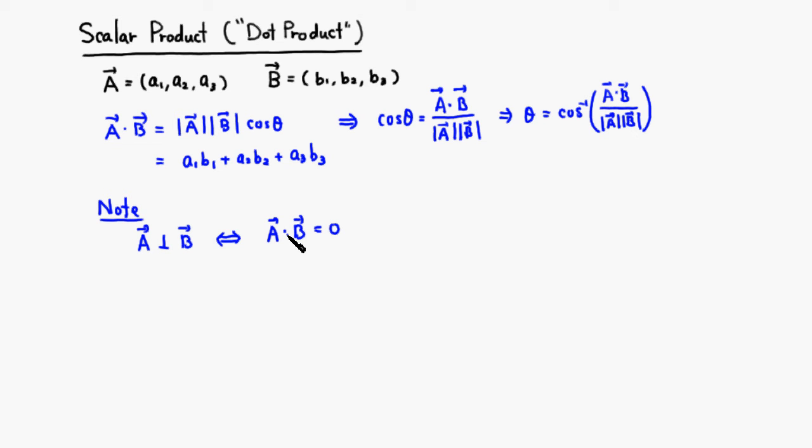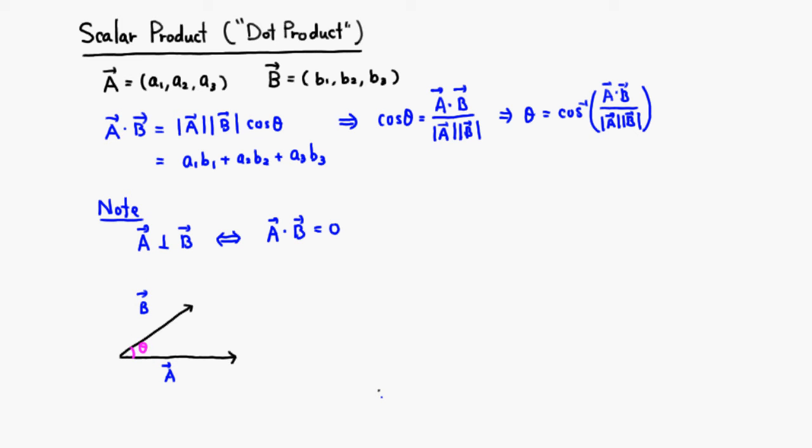Another way to look at the dot product is that, maybe I'm going to draw a picture. Say here's vector A, and here's vector B. Right, then we know that this is going to be the angle theta.